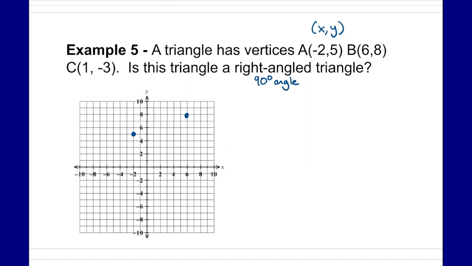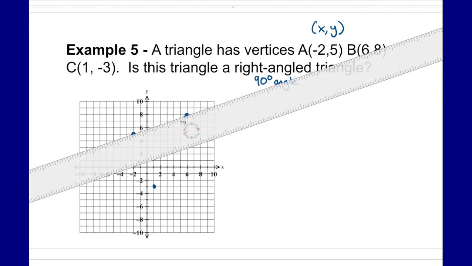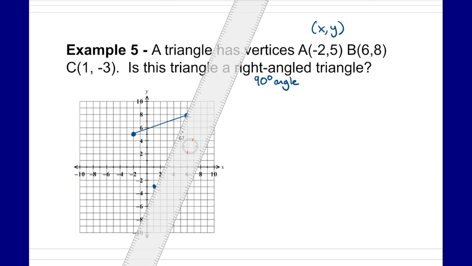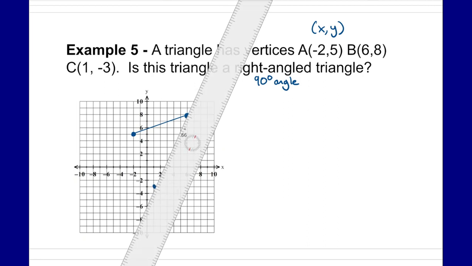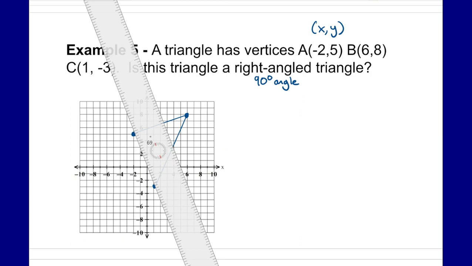And 1, negative 3 is another point. I'm going to use a ruler to connect these. I want to see if these points form a triangle that is 90 degrees.